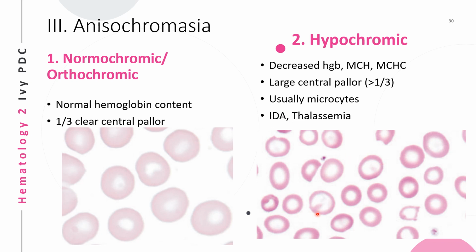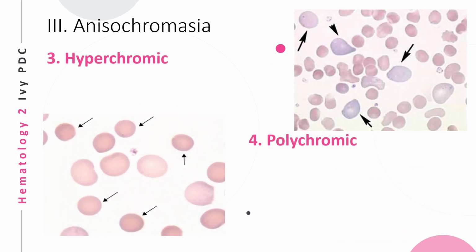So these are examples of hypochromic cells with bigger central pallor, more than 1/3 of central paleness. Another type of cell is the hyperchromic cell. A hyperchromic red cell is also known as a spherocyte. Spherocytes have no central pallor.